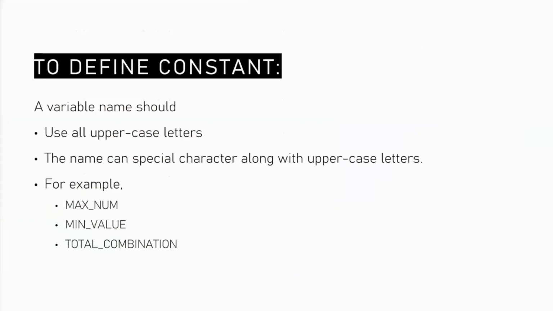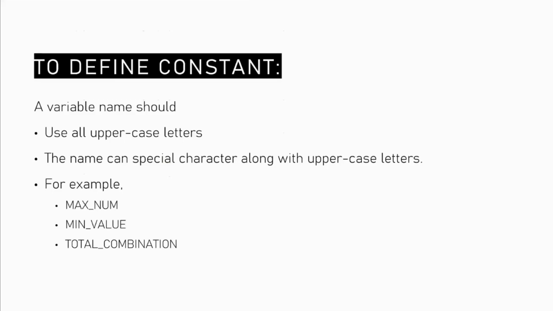Secondly, the name can have a special character along with the uppercase letters. The special character allowed here is underscore. There are different high level programming languages like C++ and Java. In C++, they provide a keyword const when we are declaring something as constant, and in Java we use the keyword static, but there is nothing like that specified in Python.